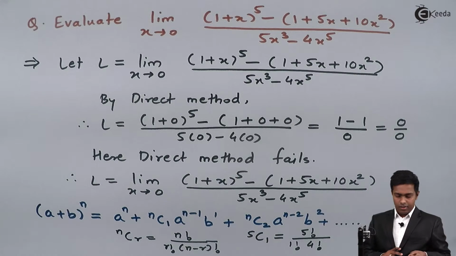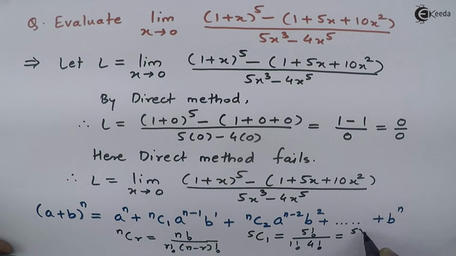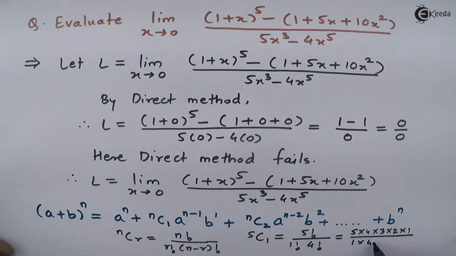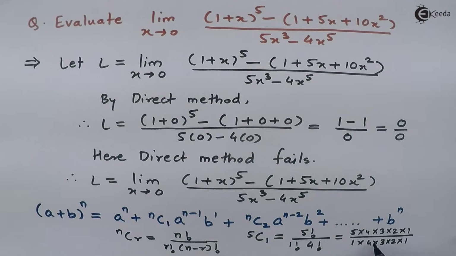And 5 factorial is 5 into 4 into 3 into 2 into 1. 1 factorial is 1, 4 factorial is 4 into 3 into 2 into 1. Hence by cancelling these terms, that is 4, 3, 2 and 1, we will get 5 as value. So the value of 5C1 is equal to 5.